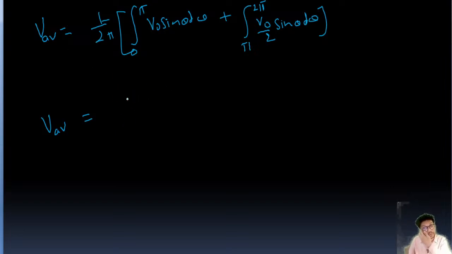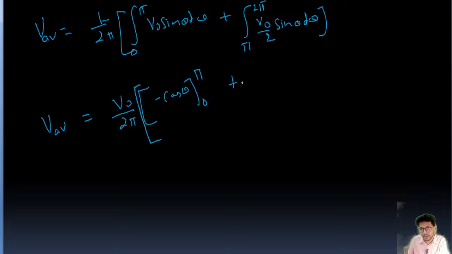So this is going to be V naught upon 2 pi times minus cos theta from 0 to pi, plus 1 by 2 times minus cos theta from pi to 2 pi. Cos 2 pi value is 1 and cos pi value is minus 1. If we solve it, the value is going to be 1 upon 2 pi V naught. So this is the answer.